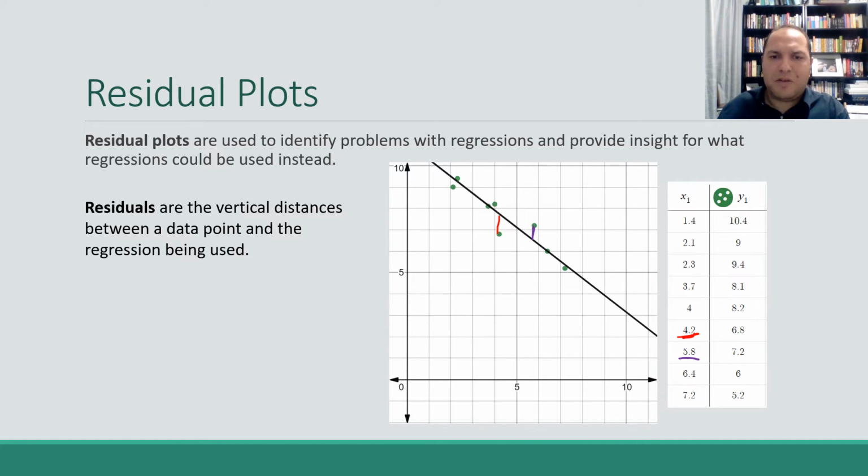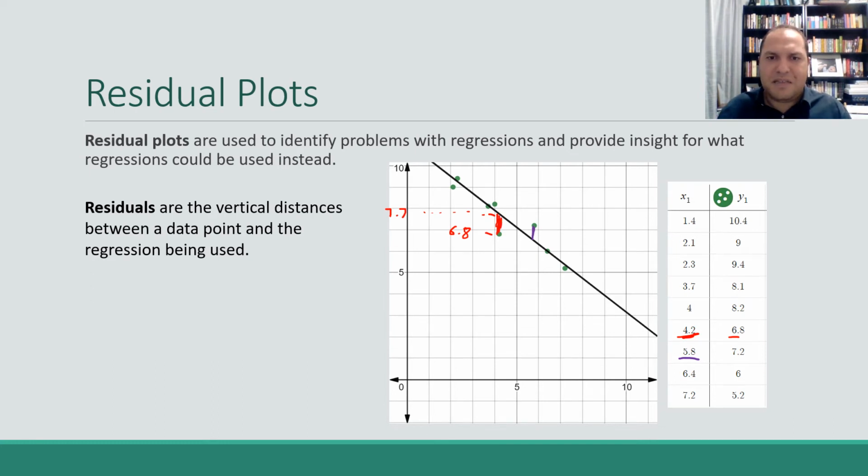So for this 4.2, our residual is this vertical distance between our data point and the prediction according to our line of best fit. Our data point has a value of 6.8. According to our prediction line, that's about 7.7, I'd guess.